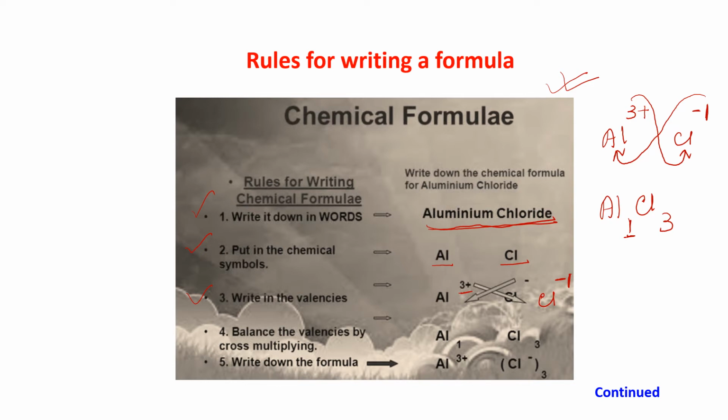And then your formula is AlCl3. This is the formula of aluminium chloride. This is known as crisscross method. Am I clear to you, children?